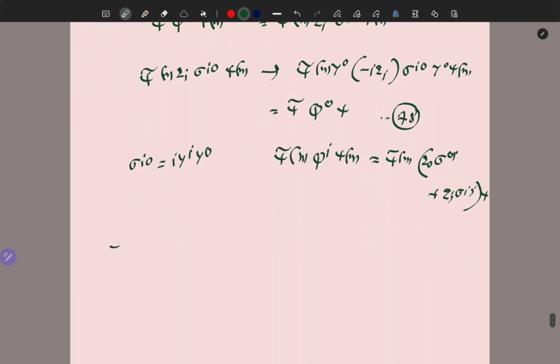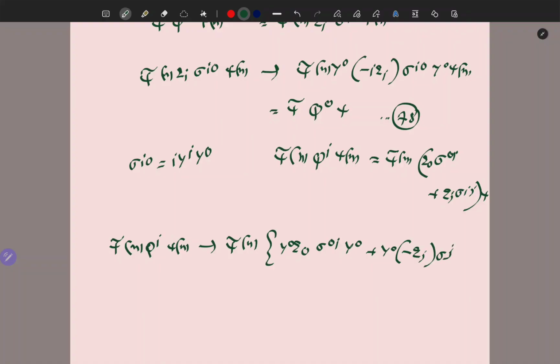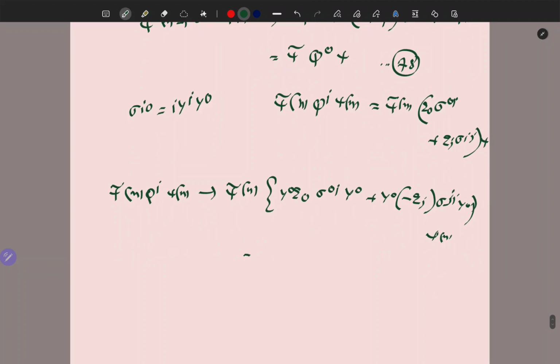And under parity, psi tilde of x qi psi of x becomes psi tilde of x gamma 0 q0 sigma 0 i gamma 0 plus gamma 0 minus qj sigma ji gamma 0 psi of x, which is minus psi tilde of x qi psi of x, using gamma ij equal to i gamma j.